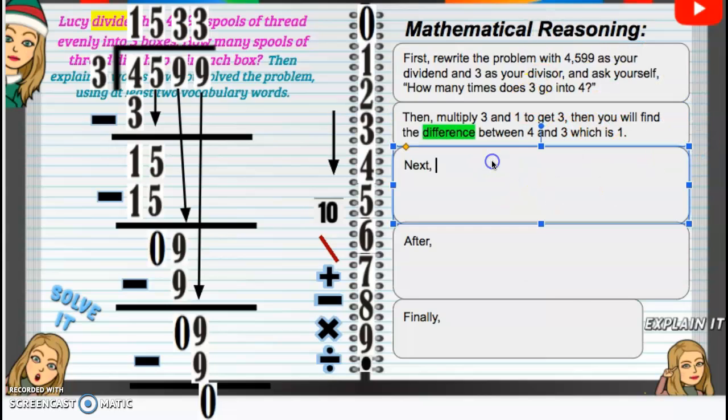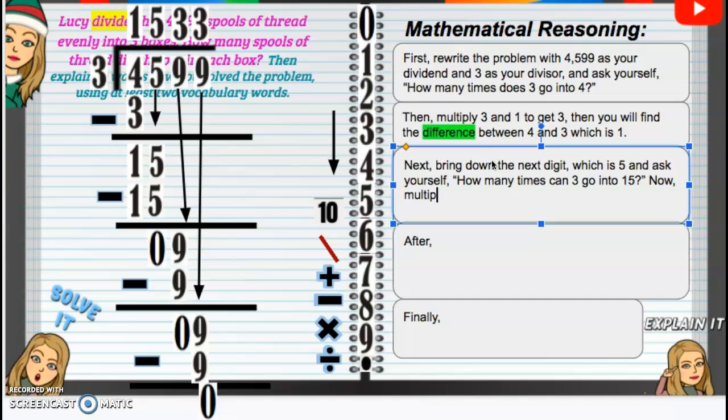All right, next. Bring down the next digit. So we bring down that 5. And ask yourself, how many times can 3 go into 15?